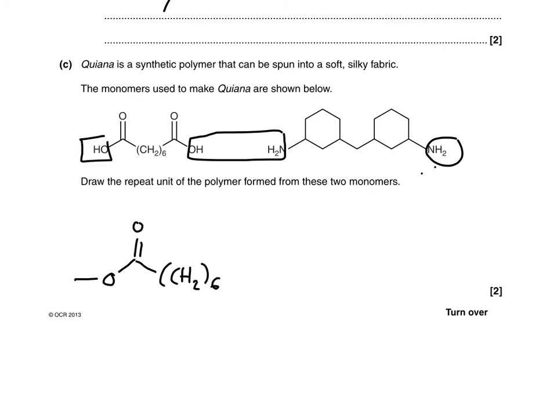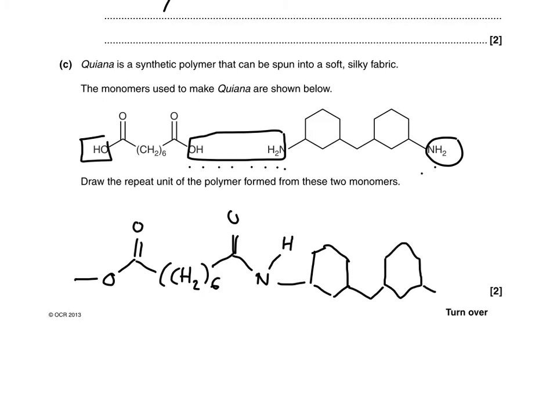I take off the H of our alcohol group, and we're going to lose water from this section here. So we lose the oxygen, go straight to the amine. I'm not doing the best drawing here, but hopefully it's enough for you to see. And then on this one we have the nitrogen.